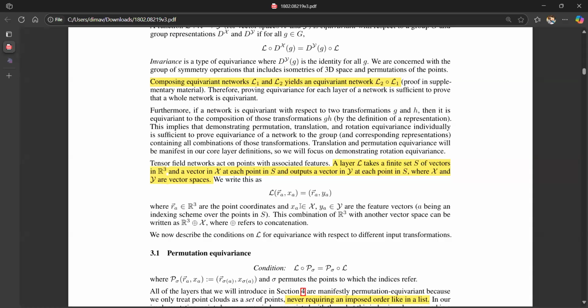Or they don't tell you that, they just say, here's an architecture, and that architecture respects such and such symmetry. Those are two different things. The second one, yes, the latter one. So there can still be other architectures that respect the same symmetries. Okay, fine, but still interesting to see what kind of architectures they use.